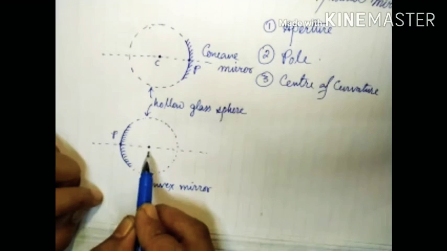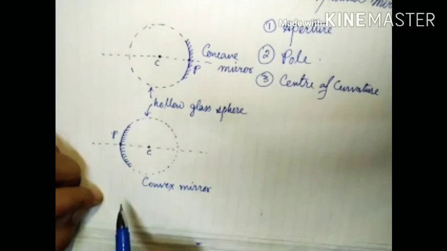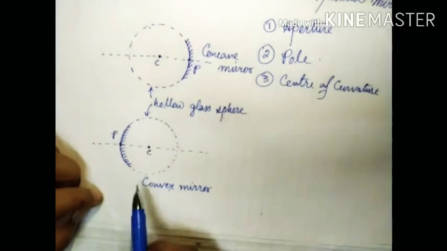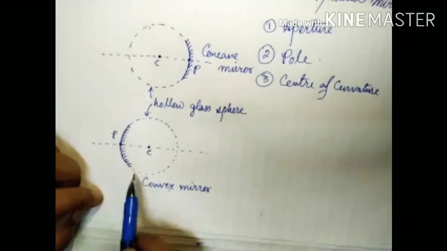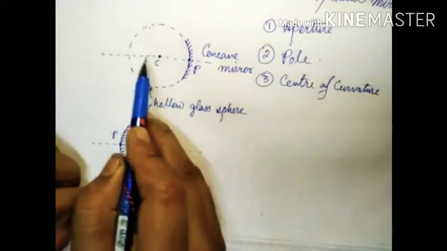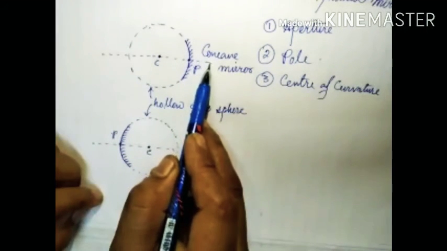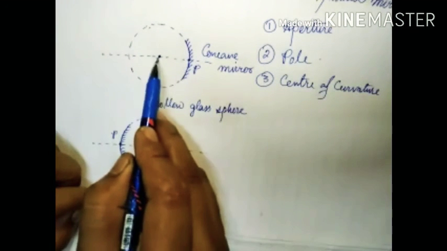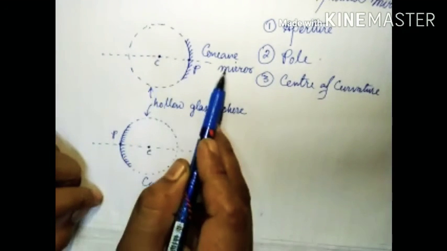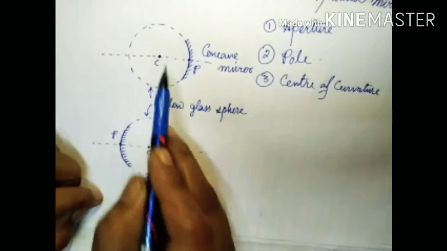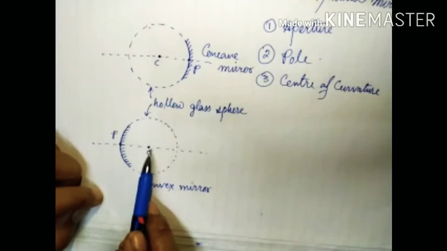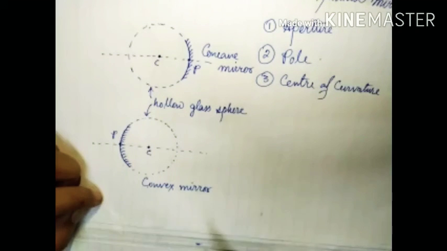This is the center, we will denote it as C. So this center is the center of curvature of this convex mirror. This center C is the center of curvature of this concave mirror, which is a part of this hollow sphere. Clear? So the center of curvature for a concave mirror lies in front of it. The center of curvature for a convex mirror lies behind the mirror.